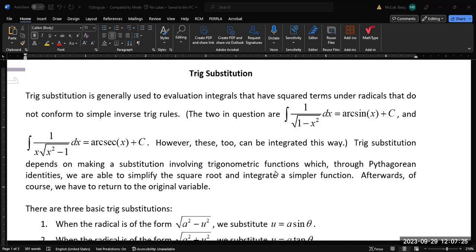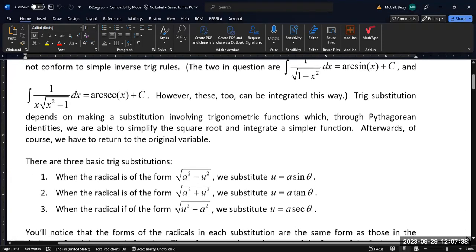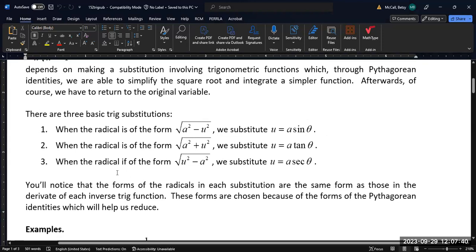And these substitutions are going to depend on that Pythagorean identity that we're going to use in order to simplify the radical once we've made our substitutions. So in general, our substitutions are going to take 3 general forms.